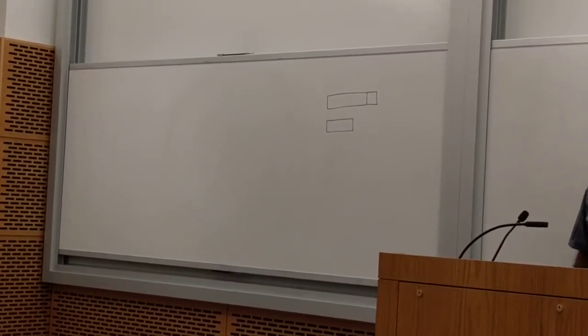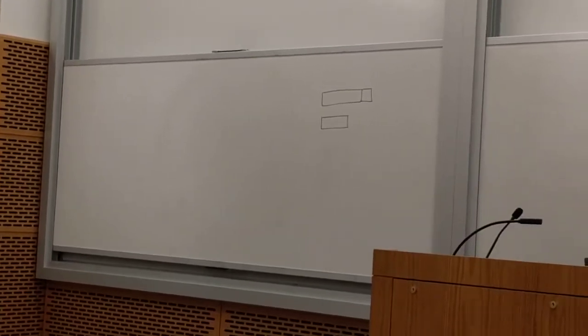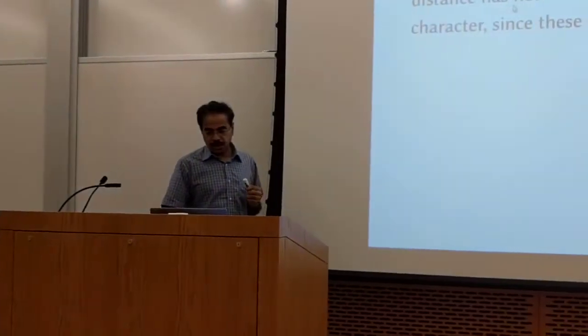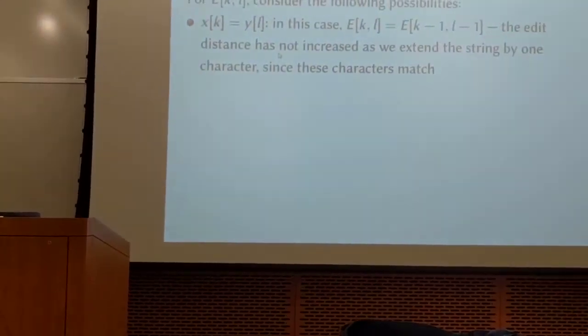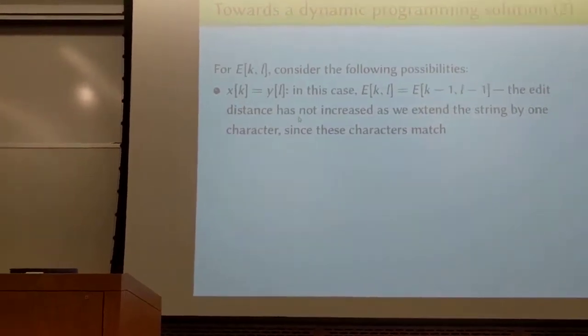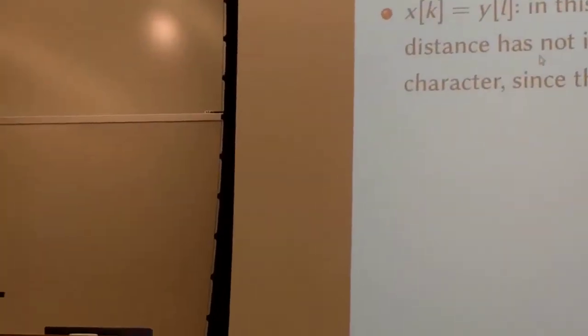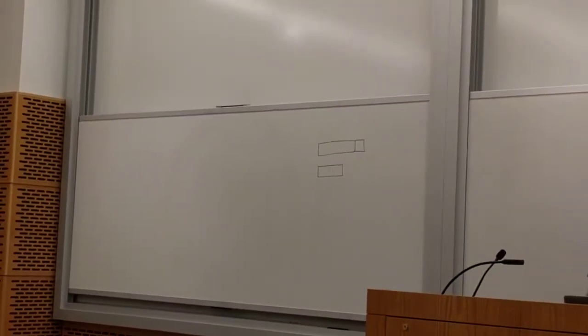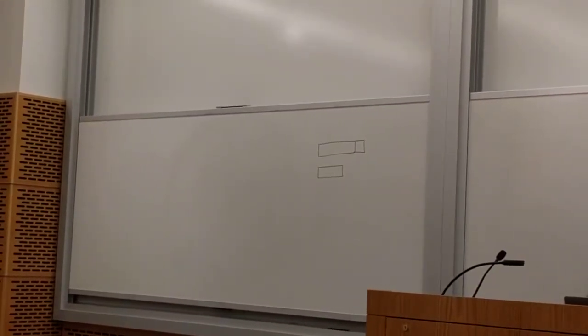That is what we would call E of k comma L. So there are 2 ways. Let's say you already know... let me expose the whole slide. That will make it a little bit easier.